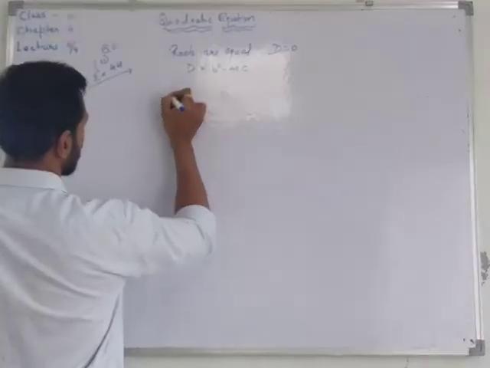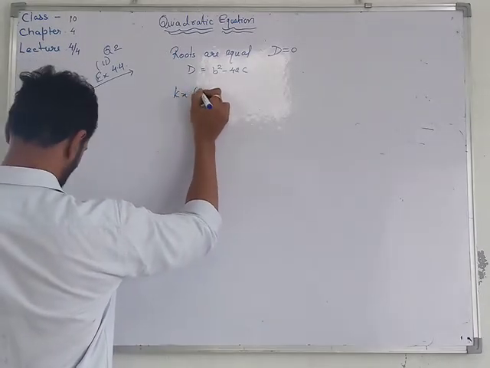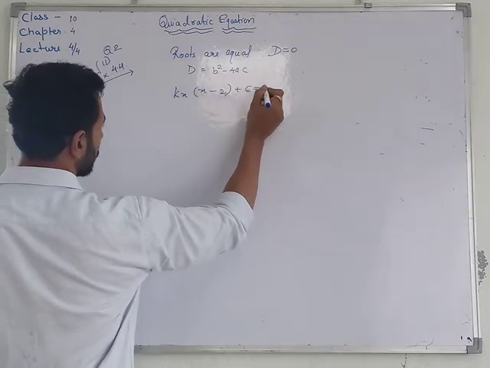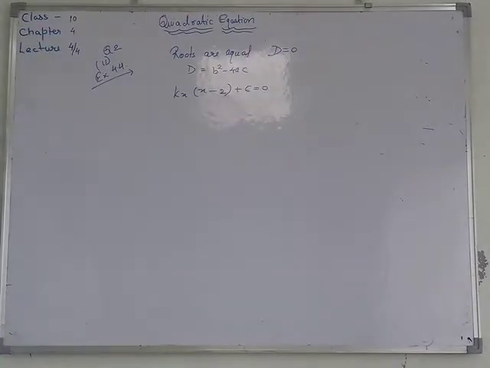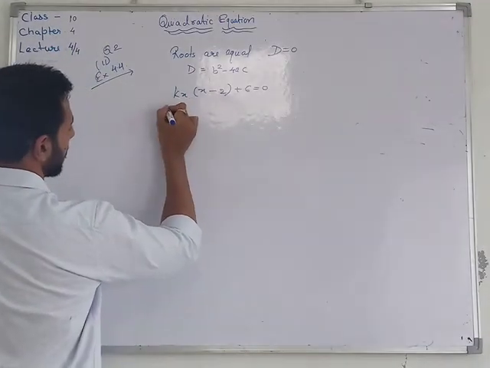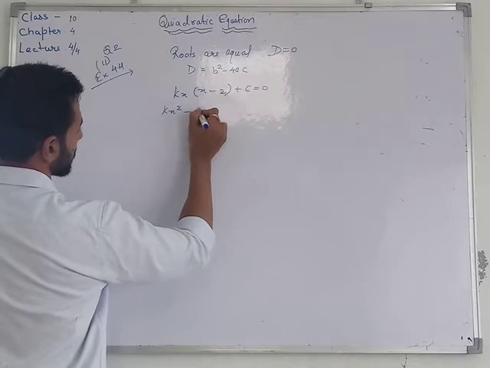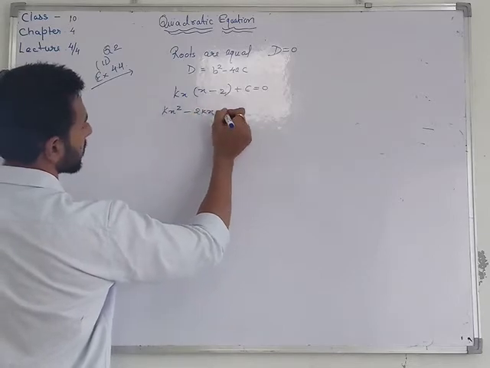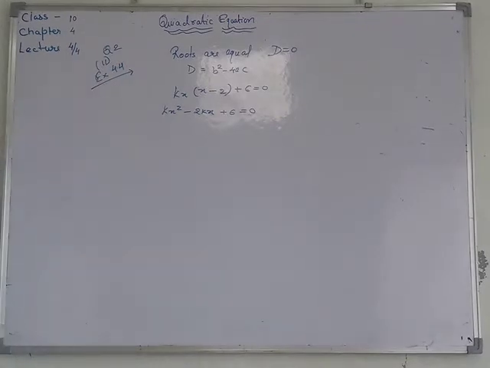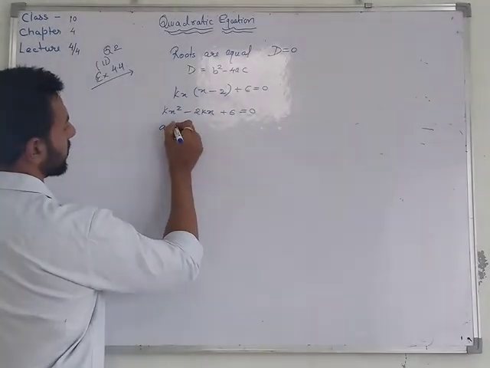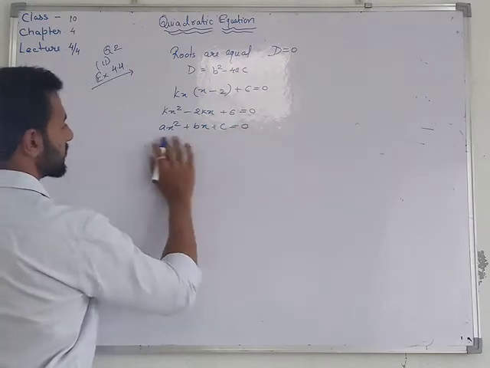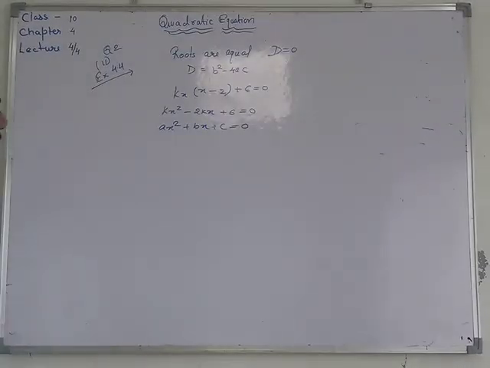And the equation is given: kx into x minus 2 plus 6 is equal to 0. Now solving this, first multiplying kx in the bracket, kx square minus 2kx plus 6 is equal to 0. Now ax square plus bx plus c is equal to 0 is the general equation of the quadratic equation.